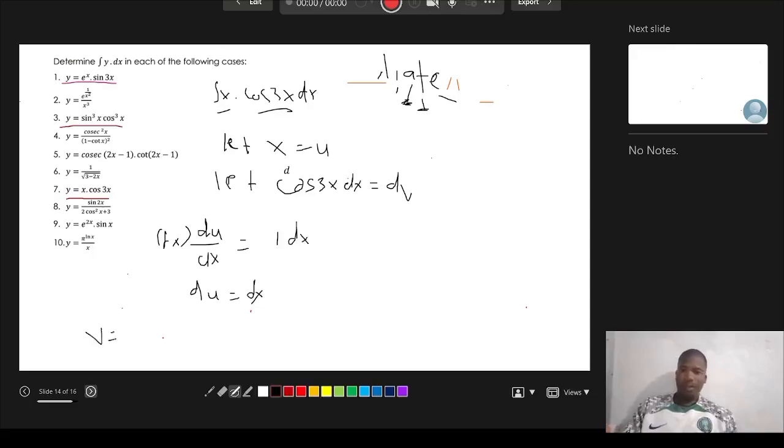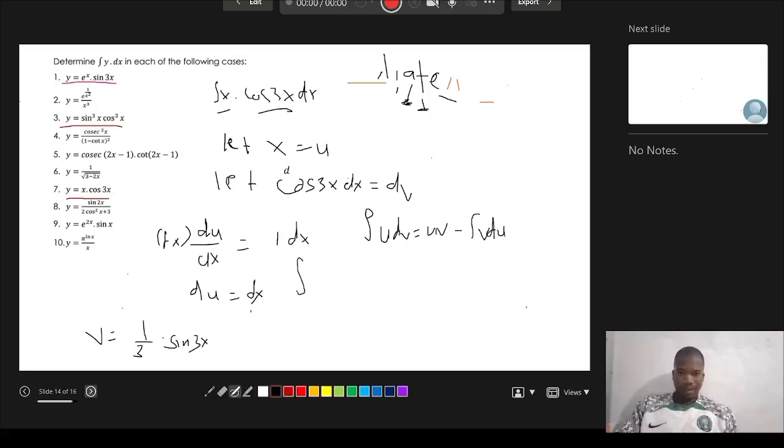Then now we have to determine the value of v, right? The value of v here is 1 over 3 sine 3x, right? So we have our equation for integration by parts, which is the integral of u dv is equal to u multiplied by v minus the integral of v du, right?